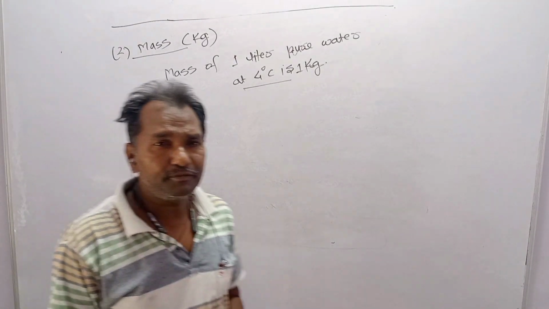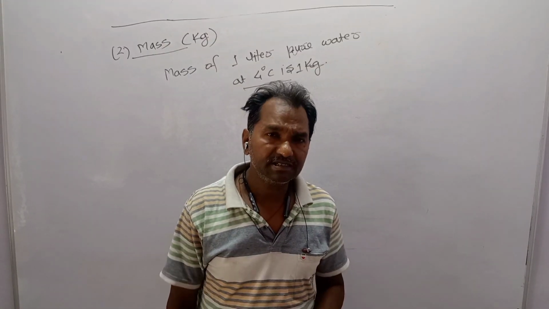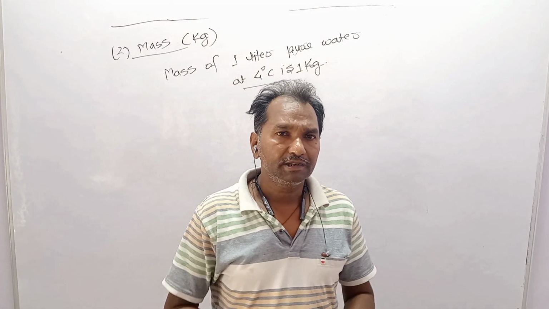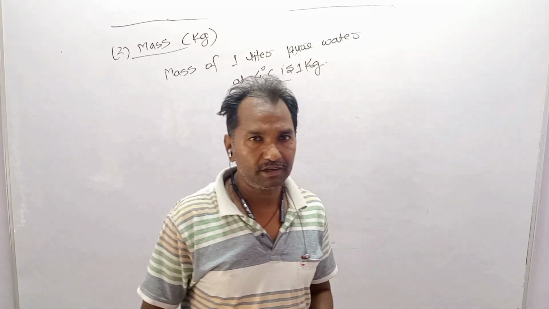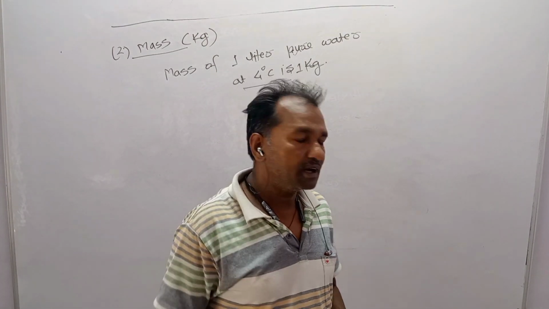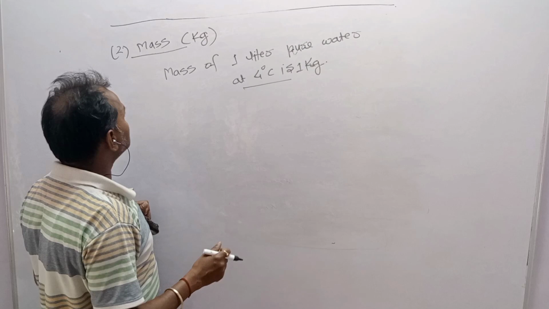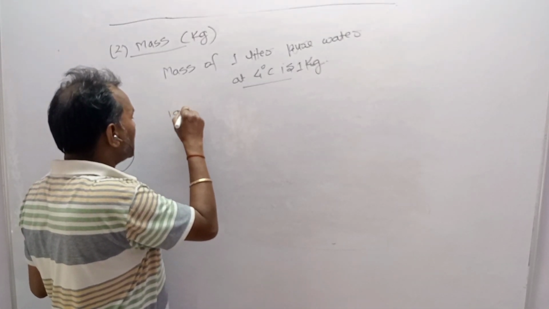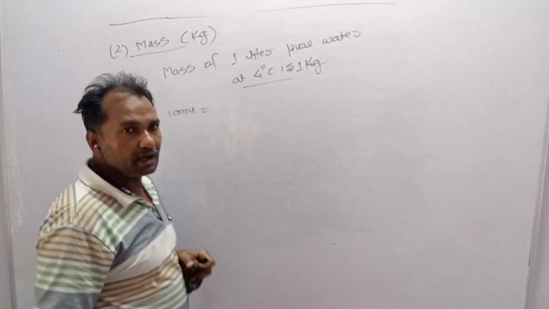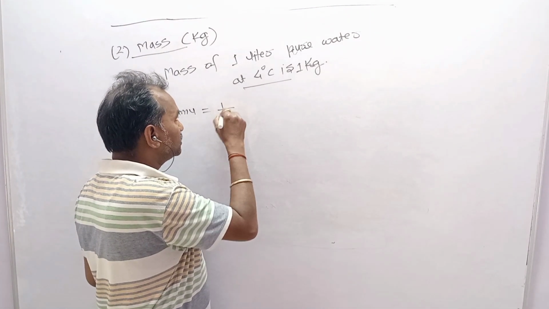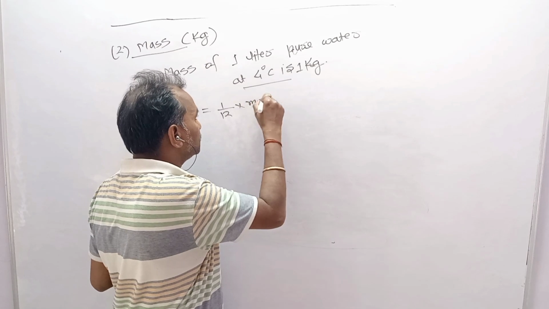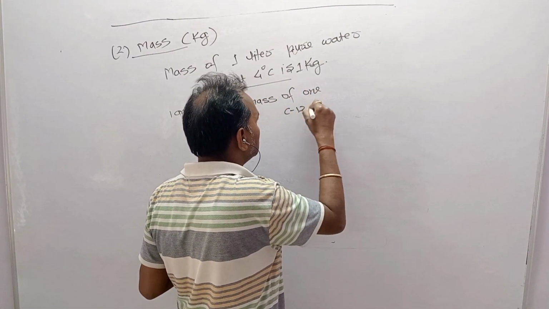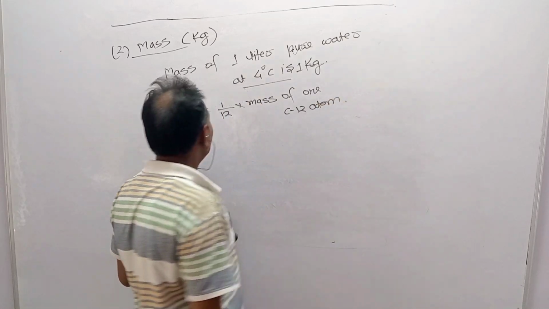Dear students, if you want to measure the masses of atoms or nuclei, then the kilogram is not relevant. So what is relevant? The relevant unit is the AMU, atomic mass unit. 1 AMU is equal to 1 by 12 into the mass of 1 carbon 12 atom.